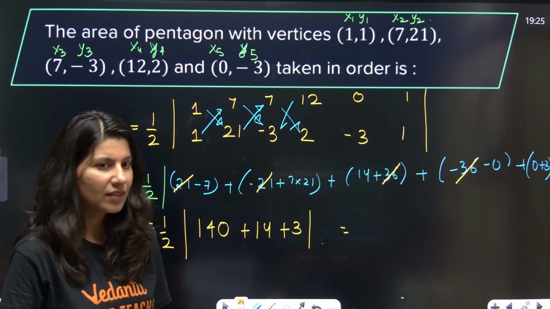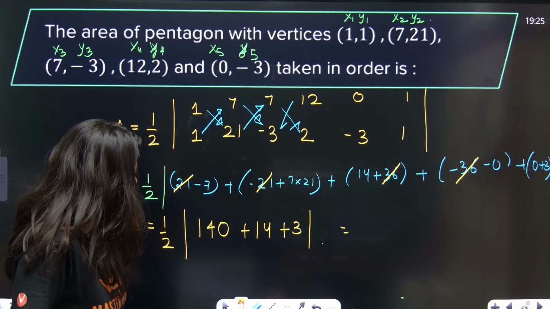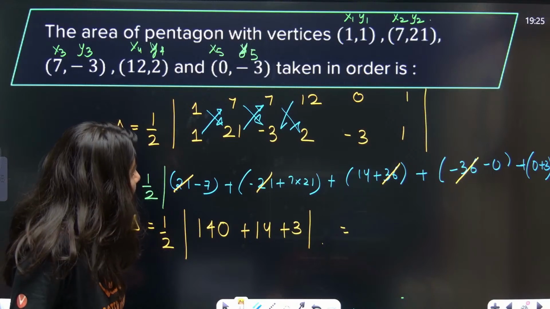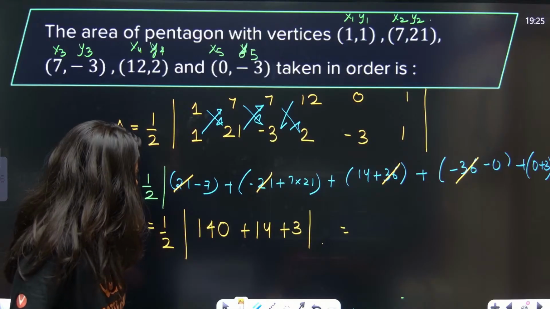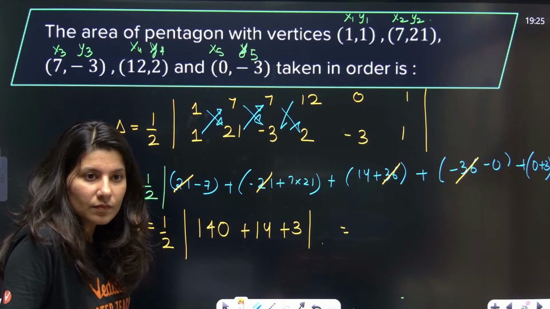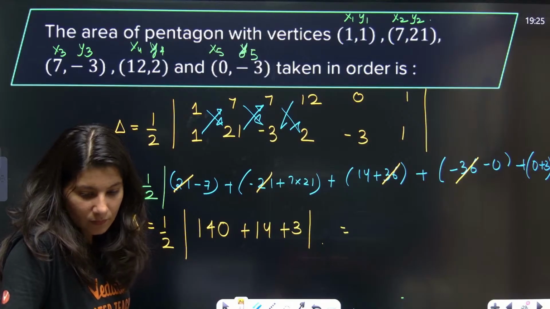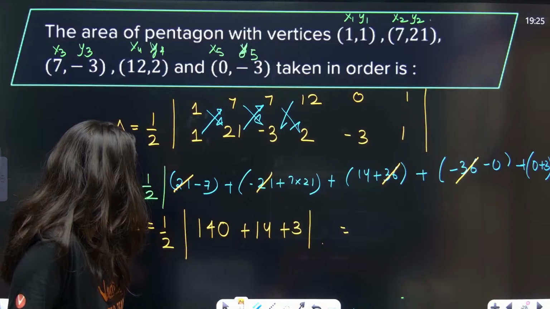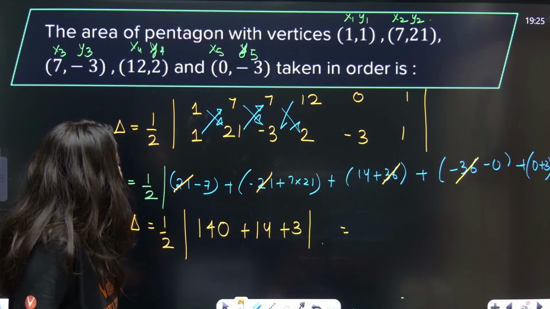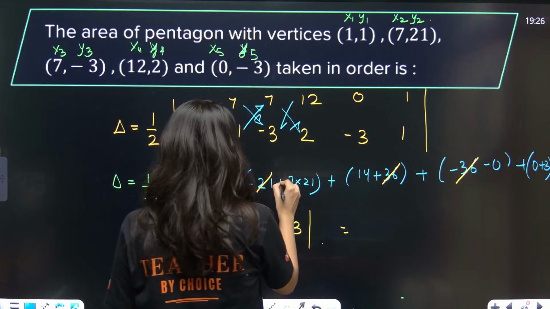Is it the final answer? Hold on. 7 2s are 14. 147 minus 140. Then we are having 14 and then 3, 17. Sorry, this is a negative sign, right?